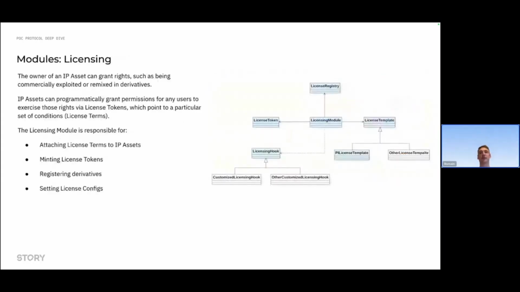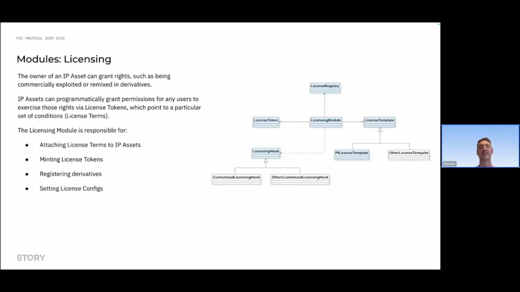Let's move on to licensing. That's not a simple module, so let's unpack all of that. The licensing module is the module that manages everything license related. License related meaning registering license terms, meaning different sets of terms you can then attach to an IP.